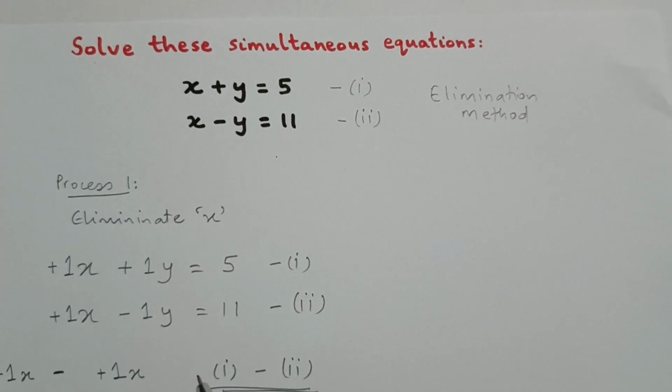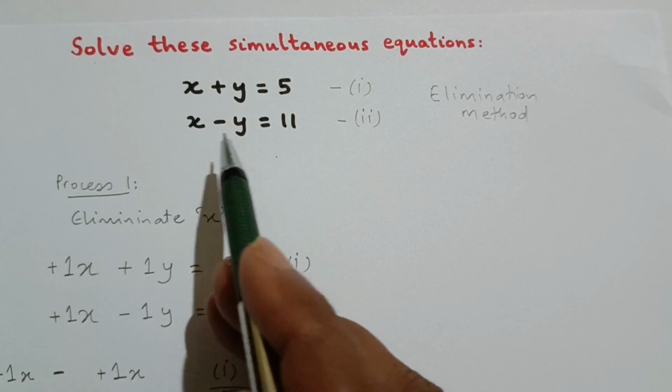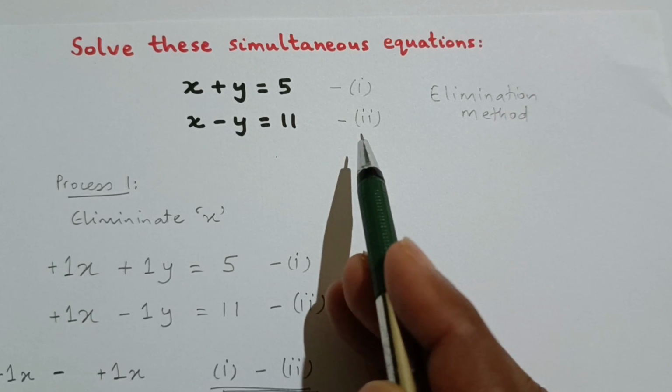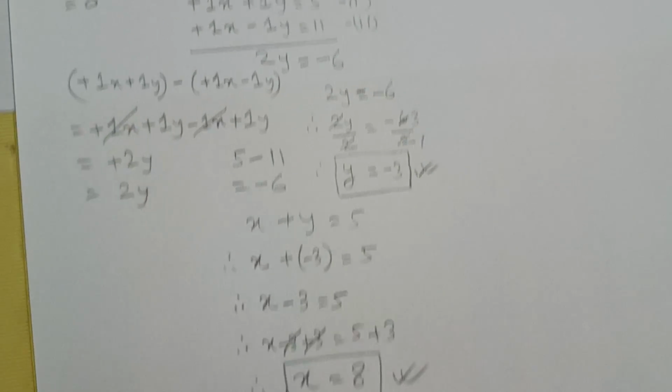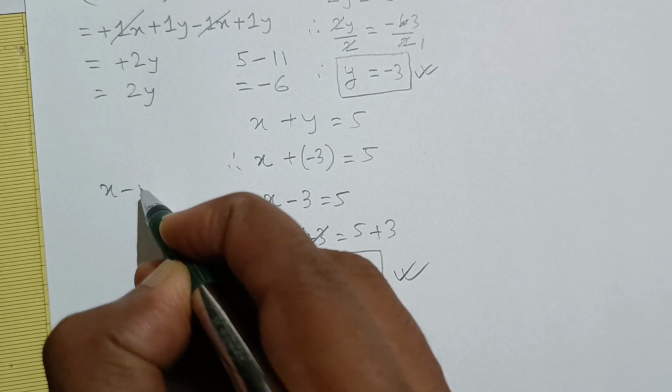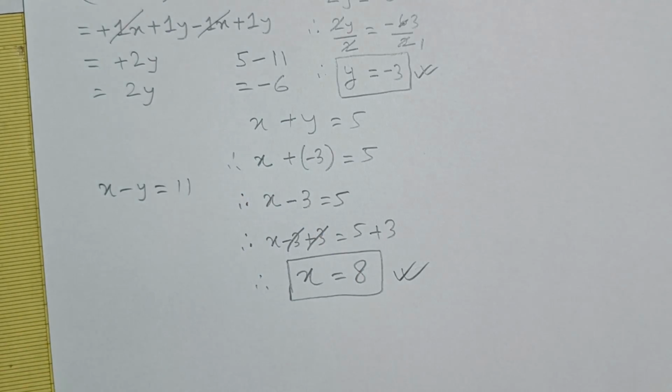So to see whether our answer is correct or not, let us cross check it in equation number 2. Equation number 2 is x minus y equals 11.